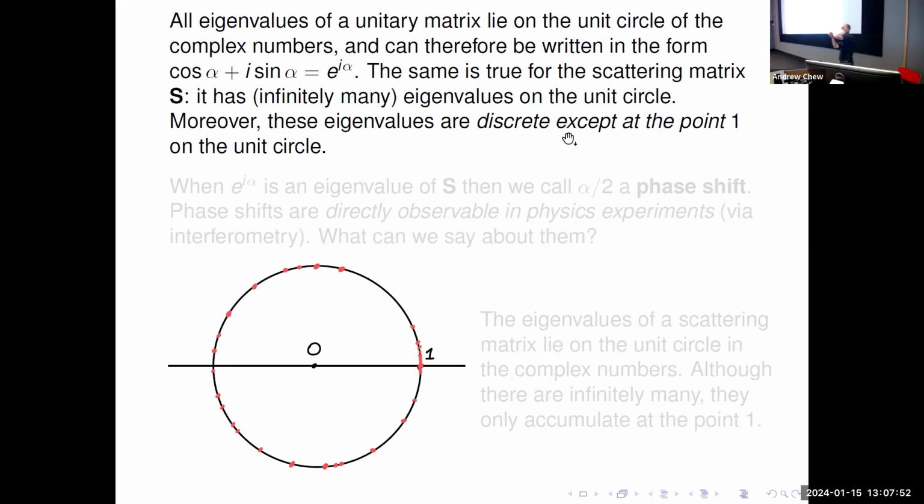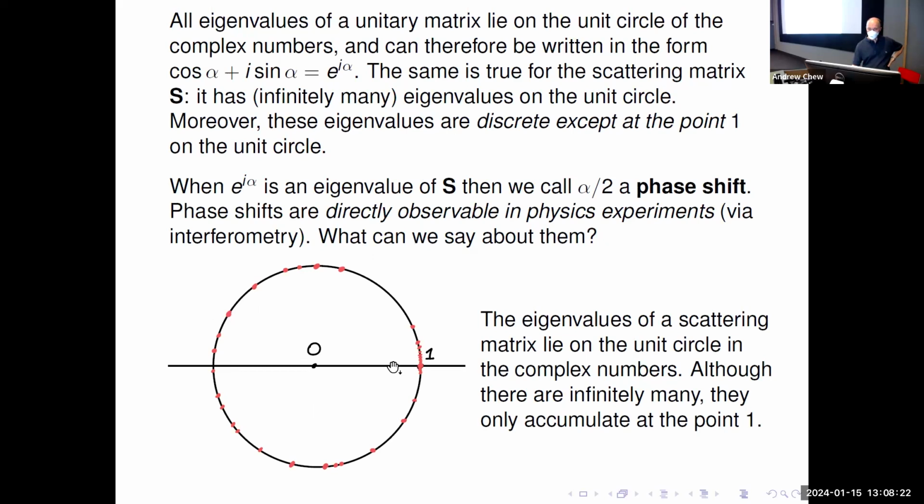But of course, if you have infinitely many eigenvalues on the unit circle, then there has to be an accumulation. There could be lots of accumulation points. Every point could be an accumulation point. But actually, no, especially in this particular case of scattering matrices related to this two-dimensional Schrodinger equation we're talking about, the eigenvalues are discrete except at point 1.